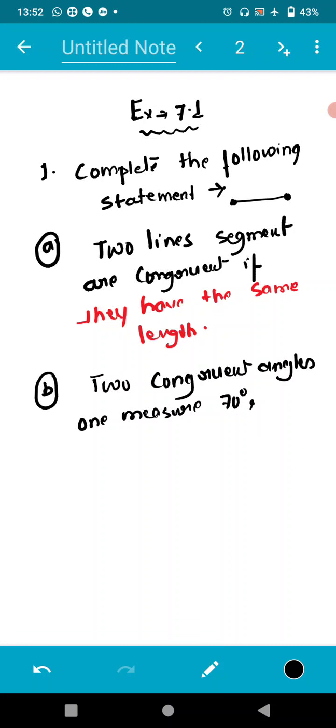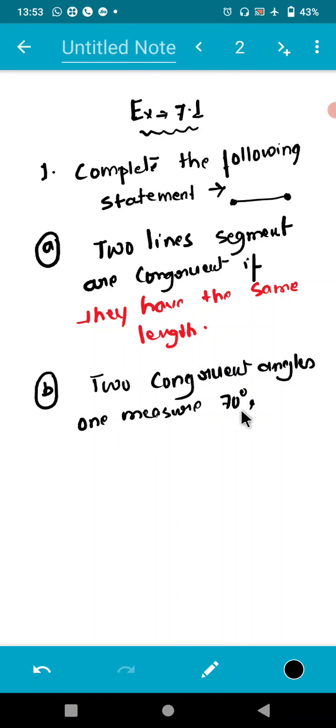First of all, they have said that 2 angles are congruent. We know that whenever we say anything is congruent, whether it is an object, a shape, or an angle, it has to be equal. The first thing that should come to your mind is that they are equal to each other, they are mirror images.